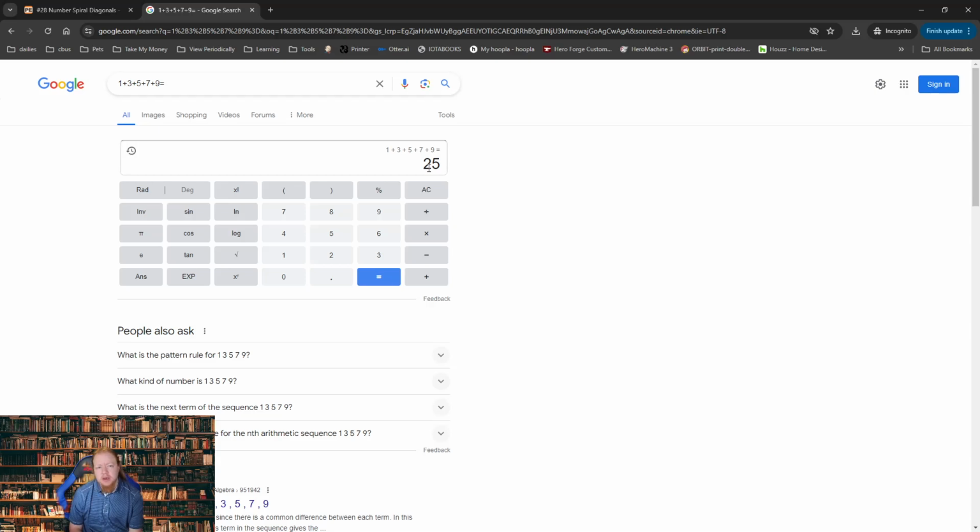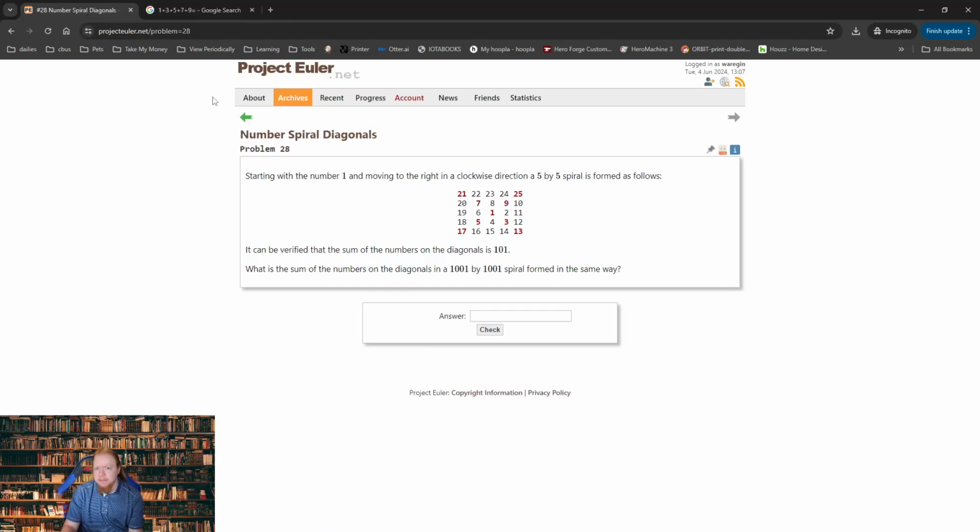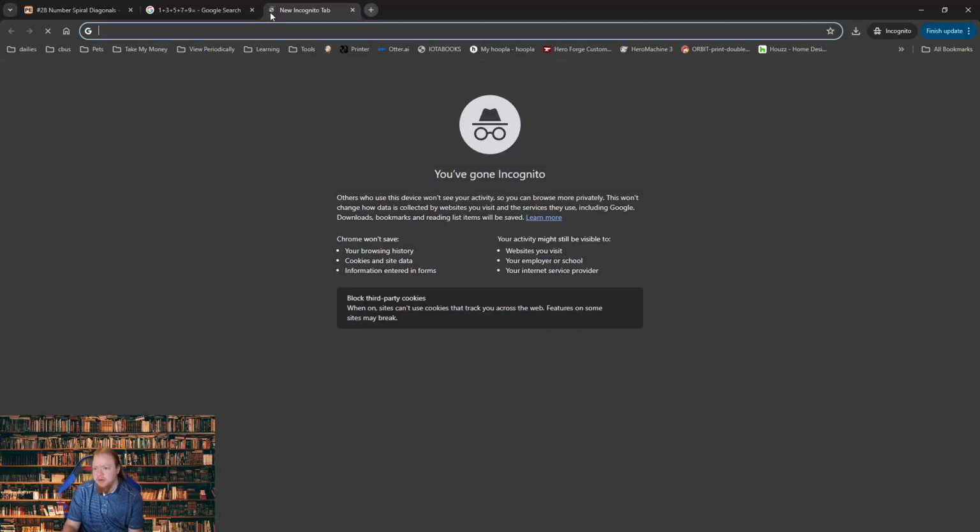So if we want 24, that is 2 times 10. So 1 2 plus 2 2s, that's 3, plus 3 2s, that's 6, plus 4 2s, that's 10. So it's like 1 times 4 plus 2 times 10 plus that 1 for the 1 in the middle. And then for this outer layer, 13 plus 17 plus 21 plus 25.